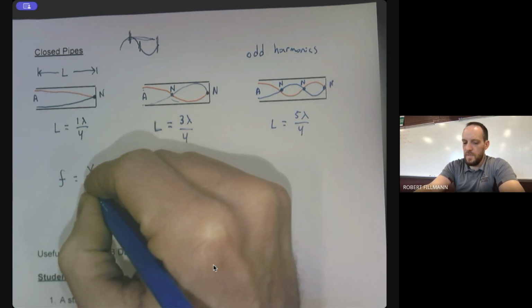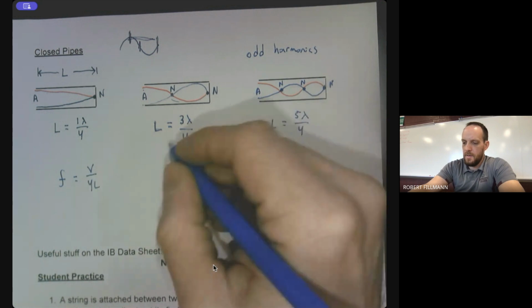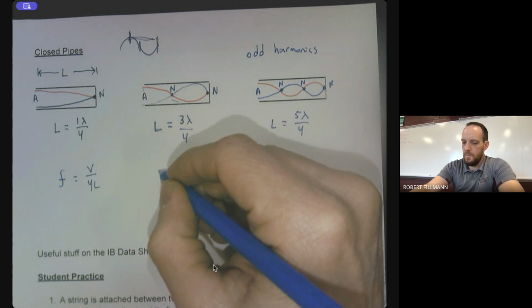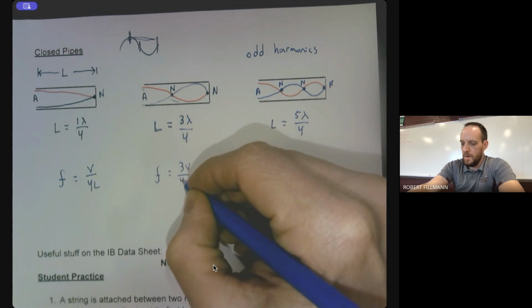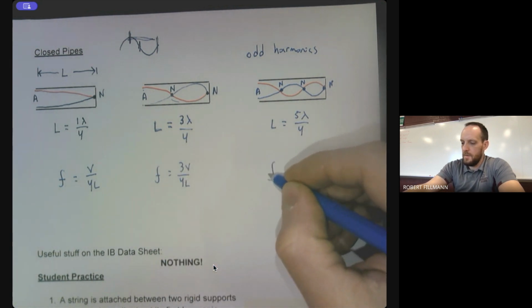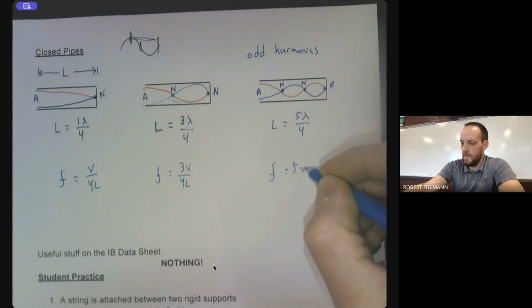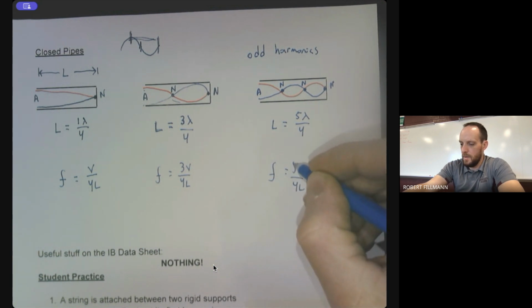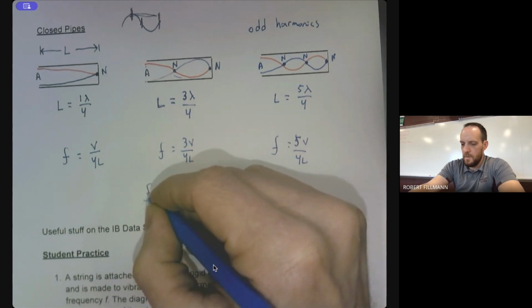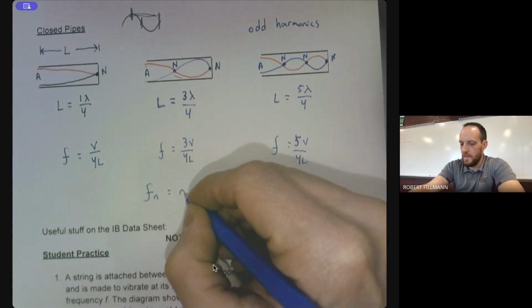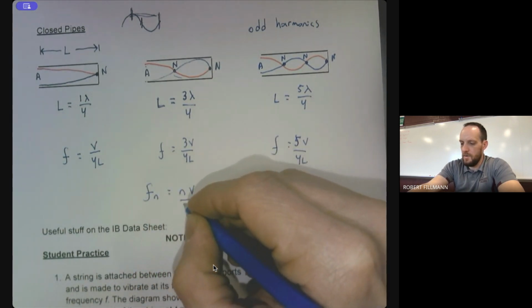The first one is V over 4L, and then the next one is 3V over 4L, and the next one is 5V over 4L. So we're going up by odd numbers. So the frequency of the nth harmonic is equal to nV over 4L.